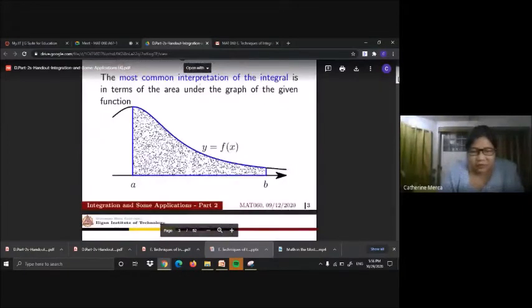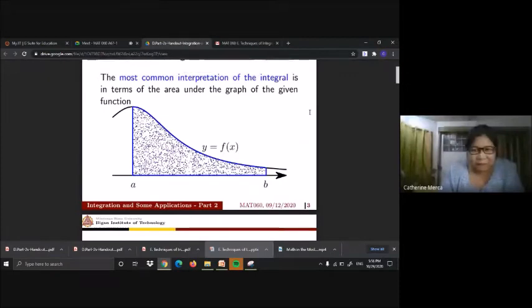If you remember, the integral sign is actually a notation for S, elongated S. And it's because it is a representation for the sum of the area under a given curve. Di ba integral, ano? Elongated S. That means to say it's actually the sum of the area under the given curve. So that's the interpretation of your integral.